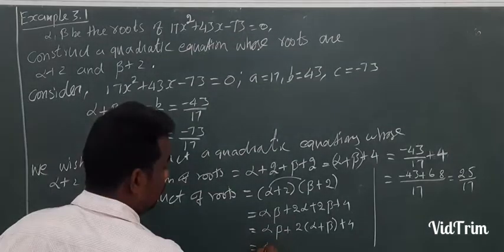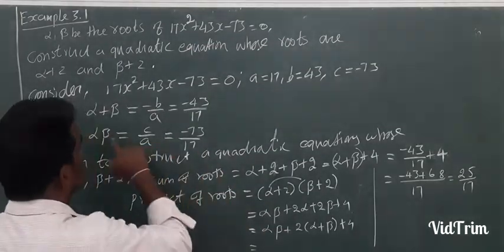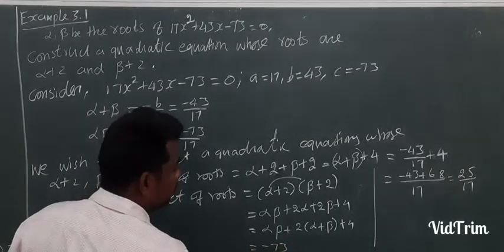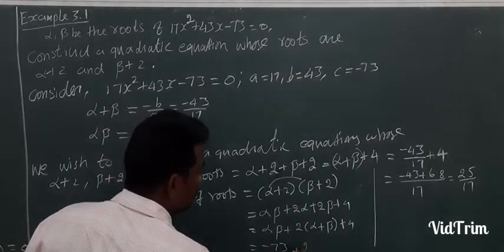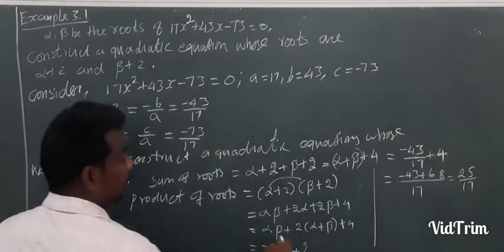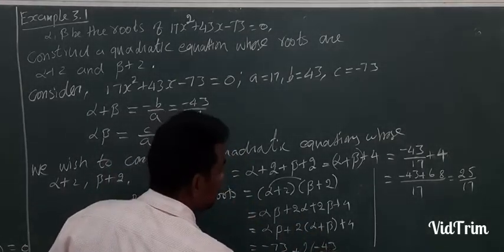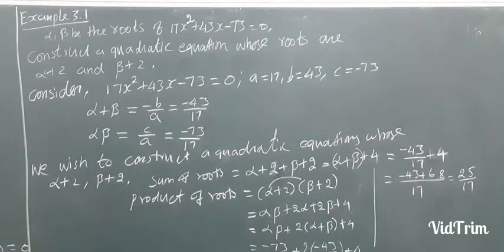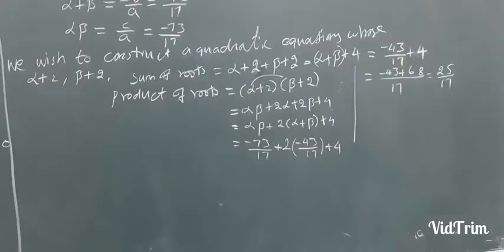Here alpha into beta, apply the values. Alpha into beta value is minus 73 by 17 plus 2 into alpha plus beta value minus 43 by 17 plus 4. So it's going to be a big calculation. You must do it very carefully.